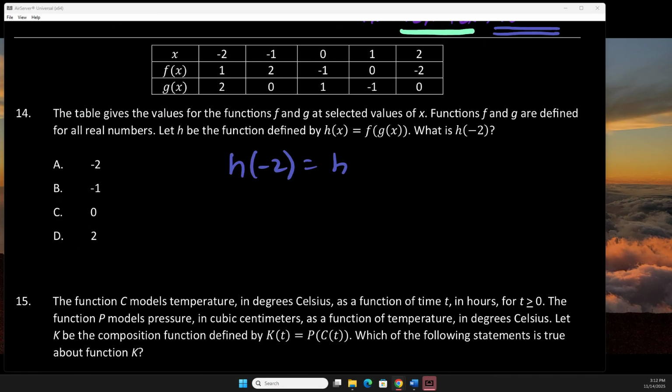So if we want h of -2, we want f of g of -2. So we're going to start with g of -2. This is just regular compositions, nothing weird. So we go to where x is -2, g is 2. So it gets replaced with 2. And then to do f of 2, we go to where x is 2, f is -2.